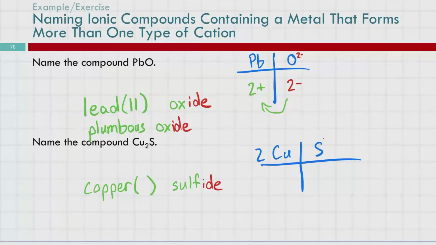The sulfur we know is a 2 negative charge because it's in the 6A column, just under oxygen. We've just got one of them, so it's an overall 2 negative charge. To balance that out, we know copper is going to have some sort of positive charge. 2 times whatever that positive charge is on copper has to equal the opposite of our 2 minus, which is 2 positive. You can probably put together what the X is going to be.